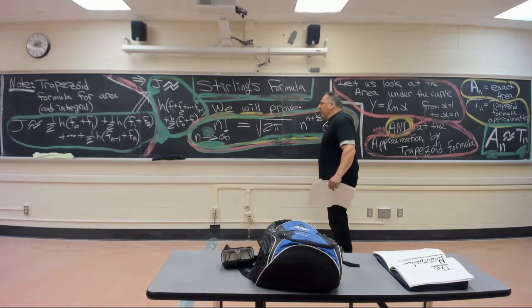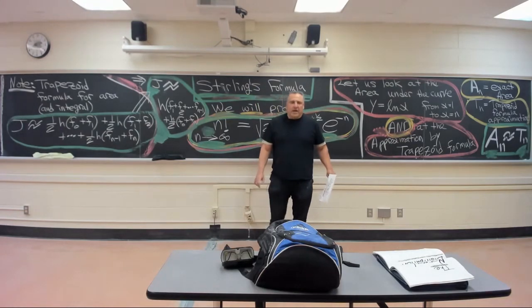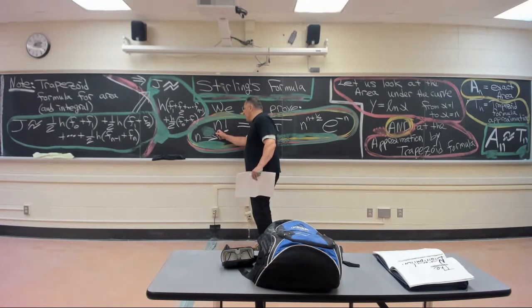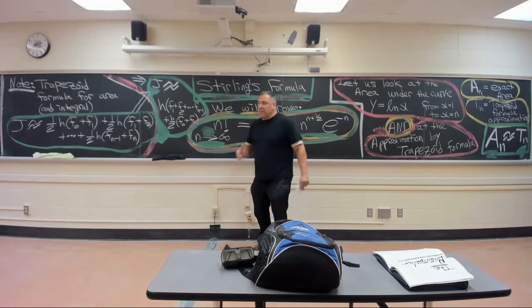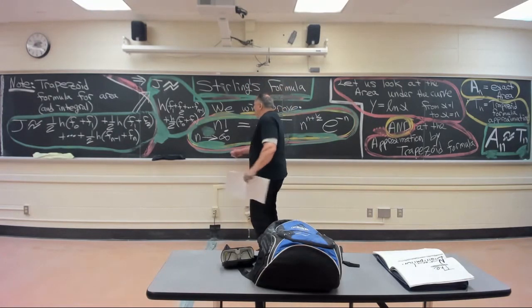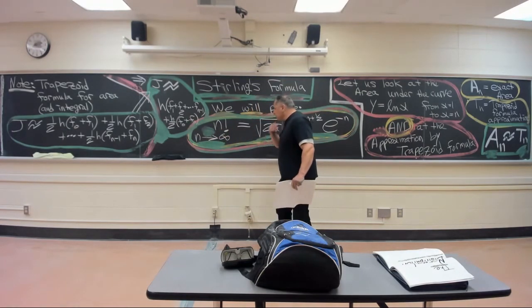Stirling's formula is an approximation of n factorial as n goes to infinity: the bigger that n gets, the better this approximation becomes.